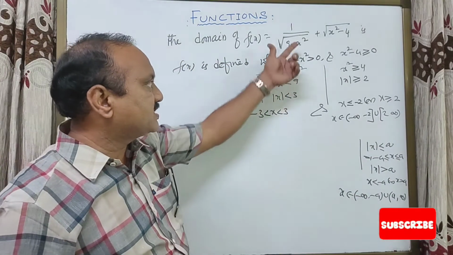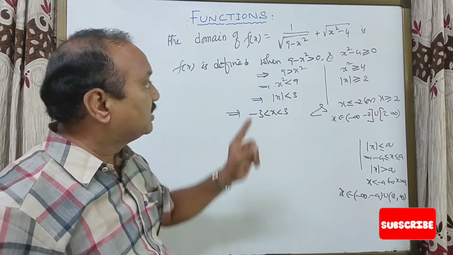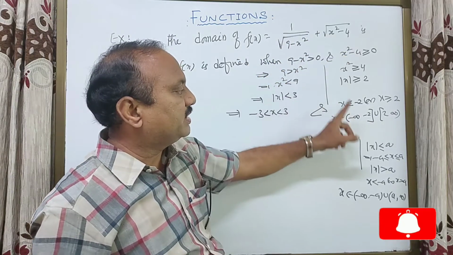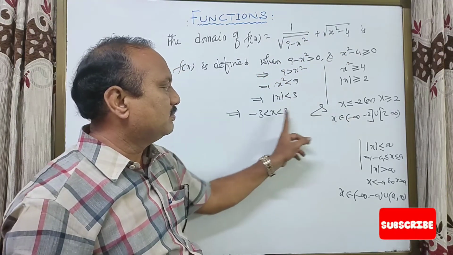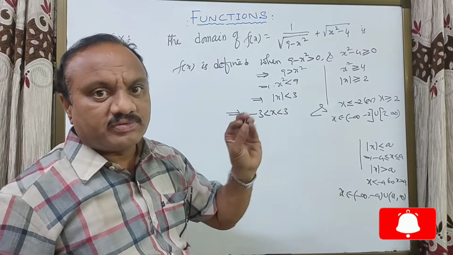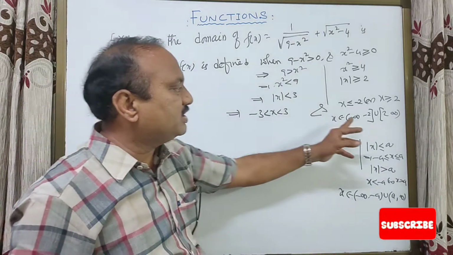This is the domain of this part. But my dear students, f of x is the summation of these two functions. You take the common portion, the common values of x, because it should be defined.